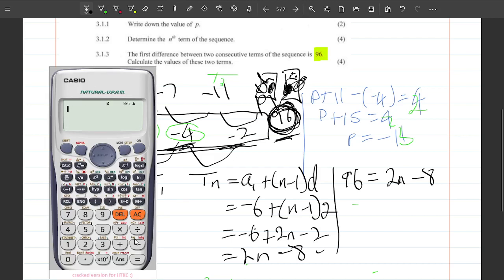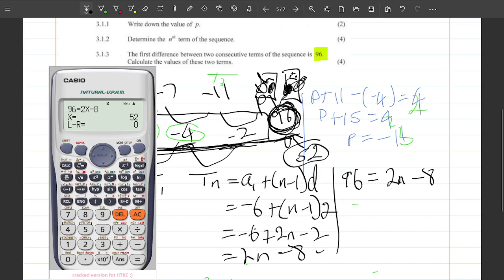So 96 is equal to 2n. Instead of n, I'm going to use an x, because that's the calculator, and then shift solve and equal to. That's term number 52. So on this arithmetic number pattern, this is term number 52.